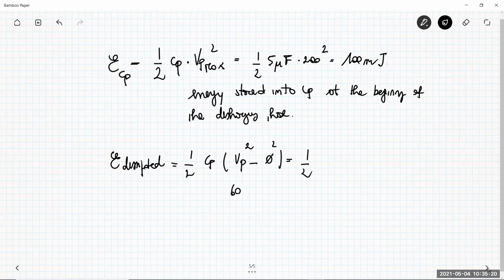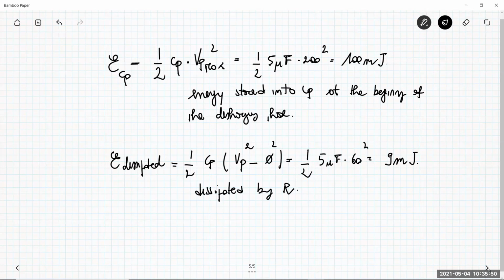So it's 1/2 times 5 microfarad multiplied by 60 squared. It is 9 millijoules. This is the energy dissipated by R.